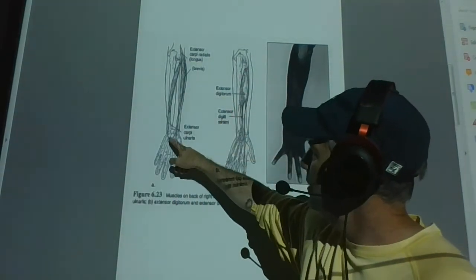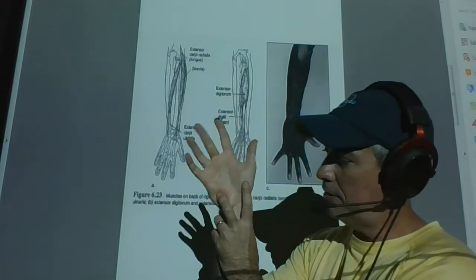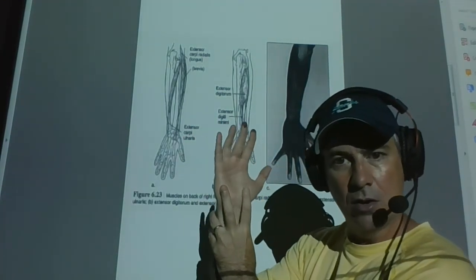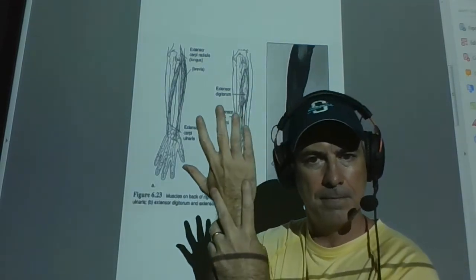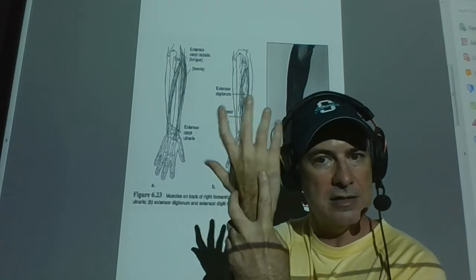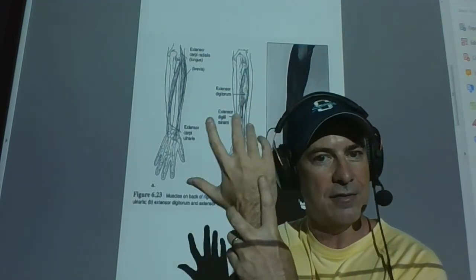Then you have, we had flexor carpi ulnaris and flexor carpi radialis, pinky side, thumb side. Well, we're going to have the exact opposite. We're going to have extensor carpi ulnaris, pinky side, and extensor carpi radialis, thumb side.